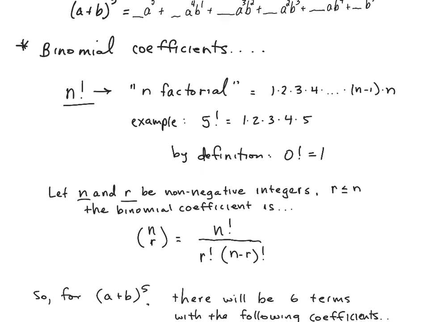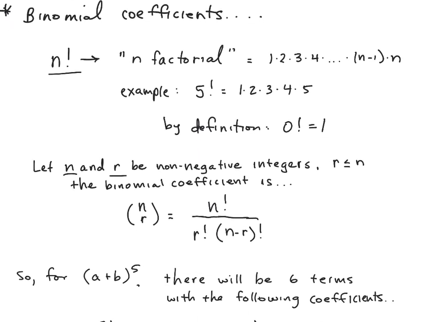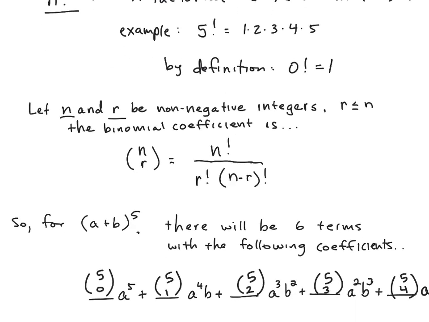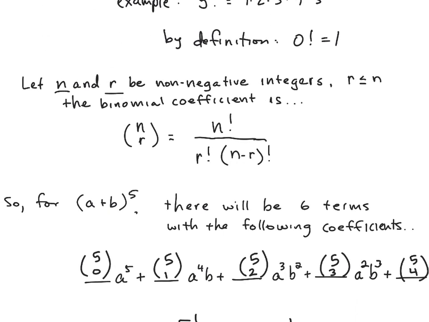So looking back at the example we are working on, (a + b) to the 5th power, there's going to be 6 terms, which we already found. We didn't have the coefficients, and they're going to have the following coefficients. The coefficient of the first term, notice that the top value n stays the same because we're raising that binomial to a power of 5.